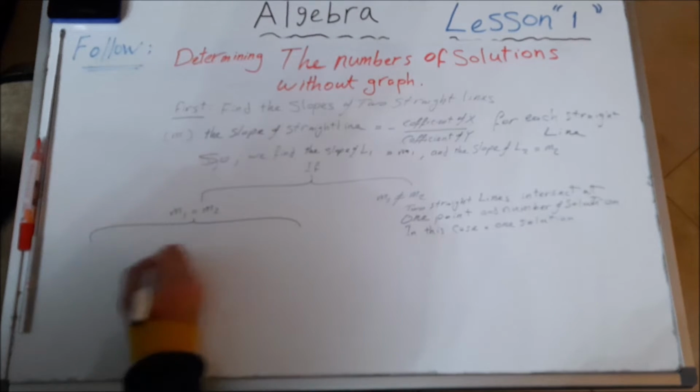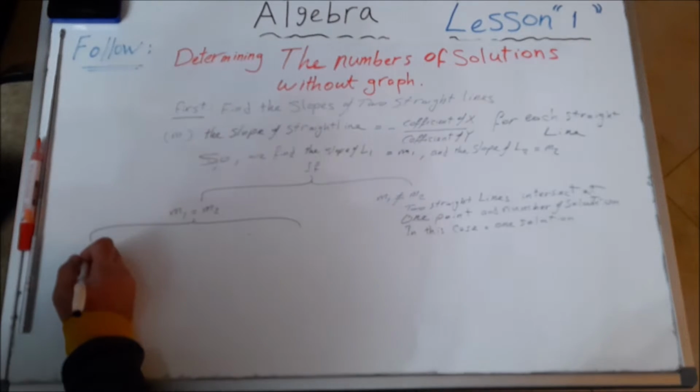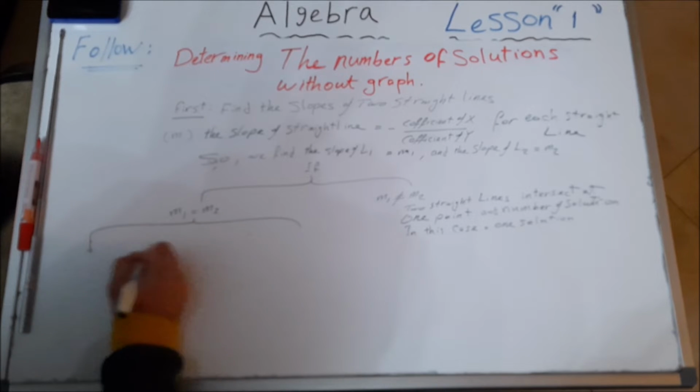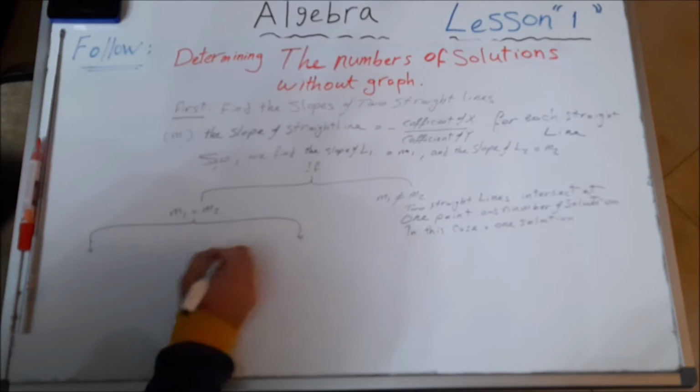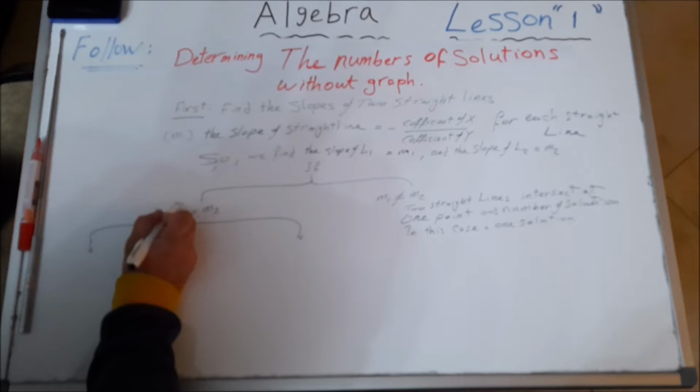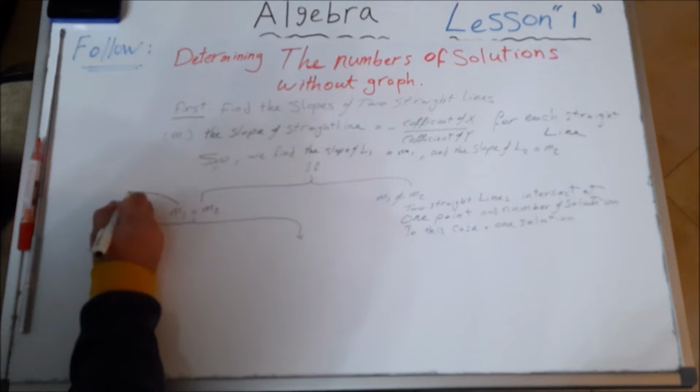طيب if M1 equal M2 there are two cases. الكيس الأولانية and case 2. If M1 equal M2 we need to find the point.